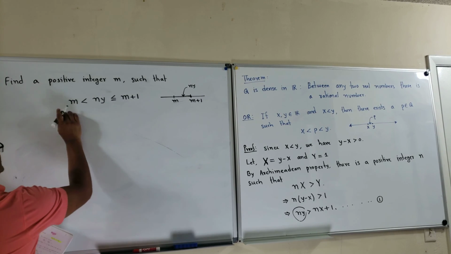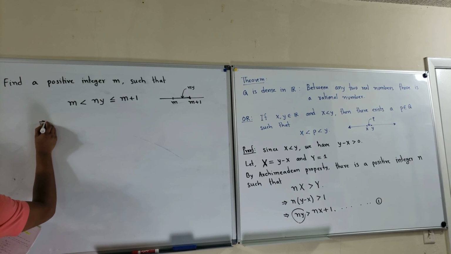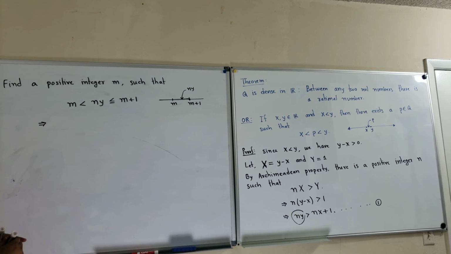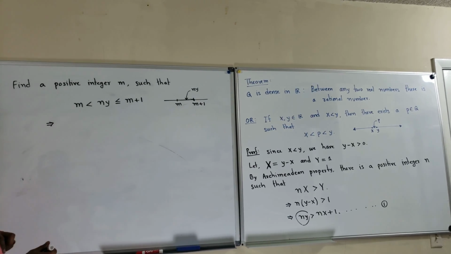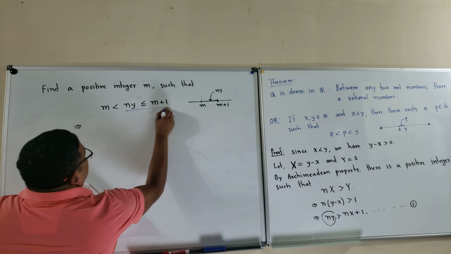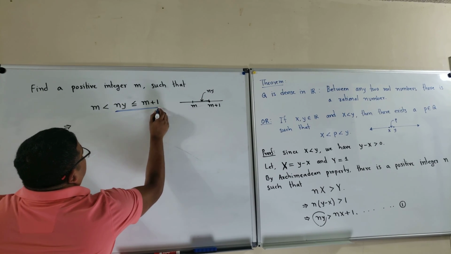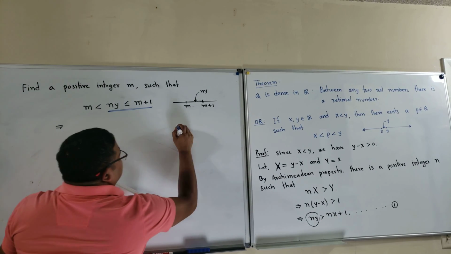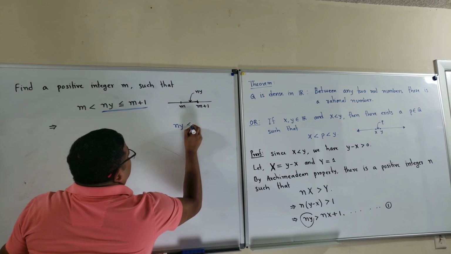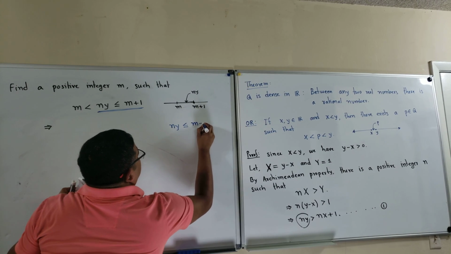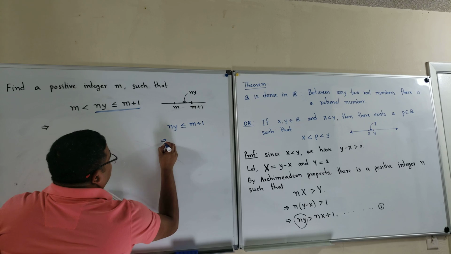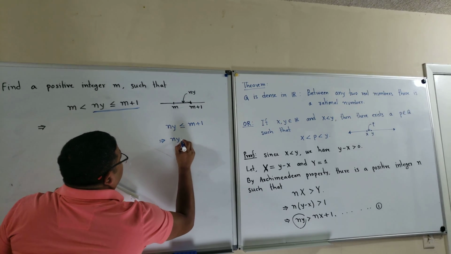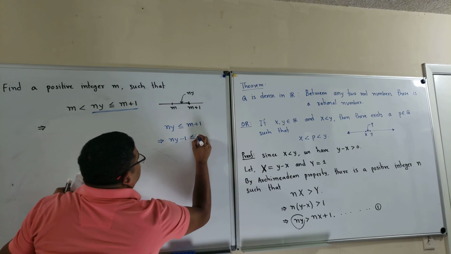So from this line, if we consider only this part, ny less or equals to m plus 1, then we can write ny minus 1 less or equals to m.